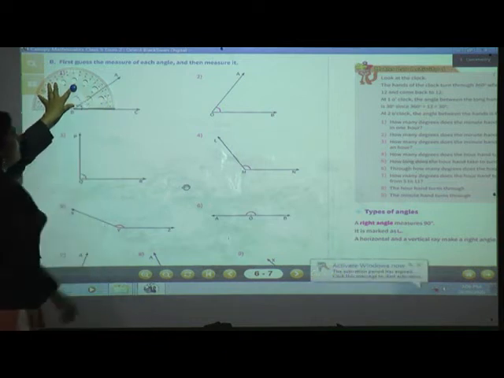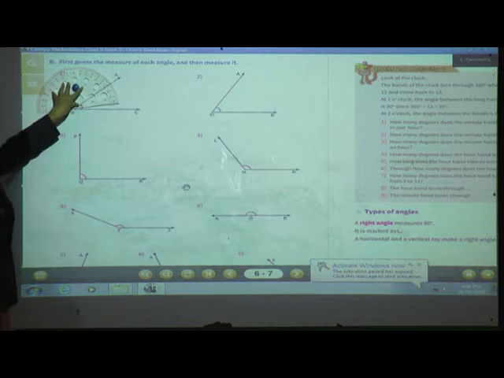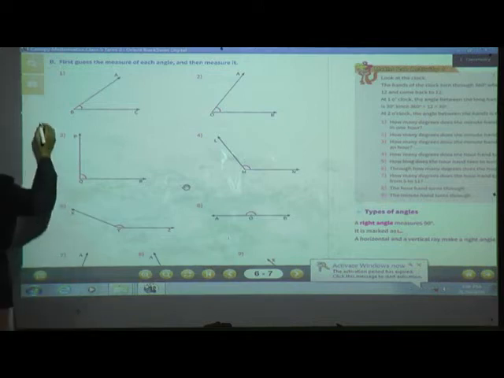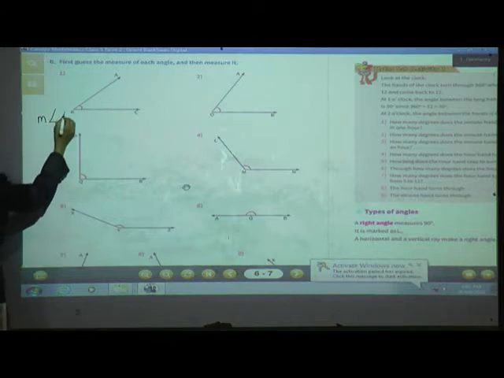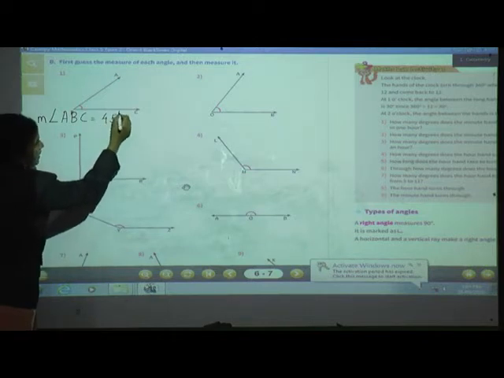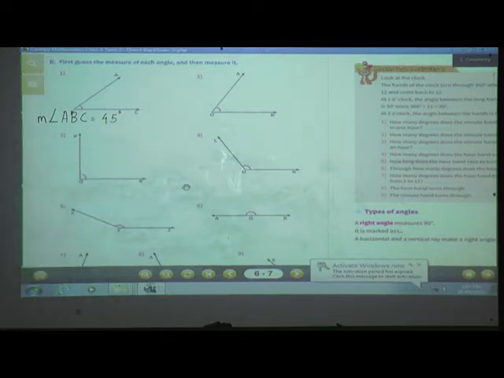So the measure of angle ABC is 45 degree. How to write it? See, M stands for measure. Measure angle ABC is equal to 45 degree.